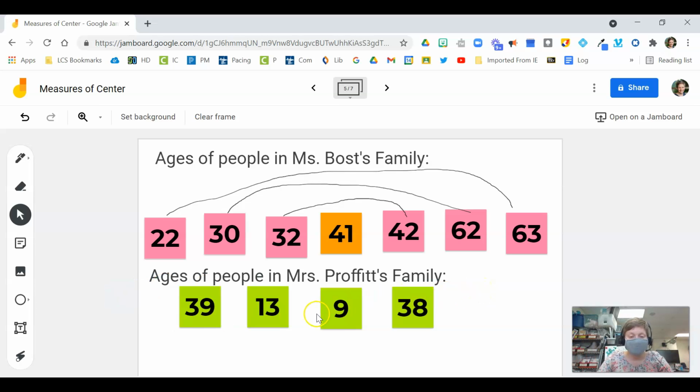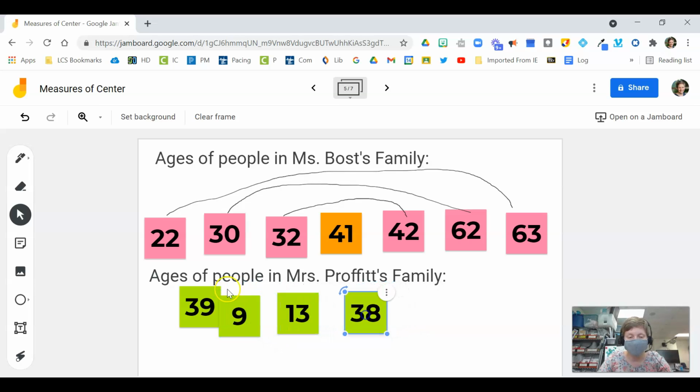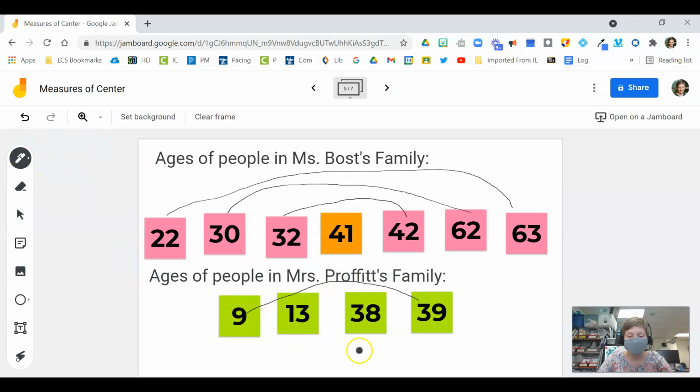All right, if we do the same with my family, get my ages in order. We just have 4 people in my family. And now I'm going to match end to end. Uh-oh, I have this issue of 2 people right there in the middle. And if I'm looking for the median, I only want 1. So I'm going to do the same thing. I'm going to add them up.